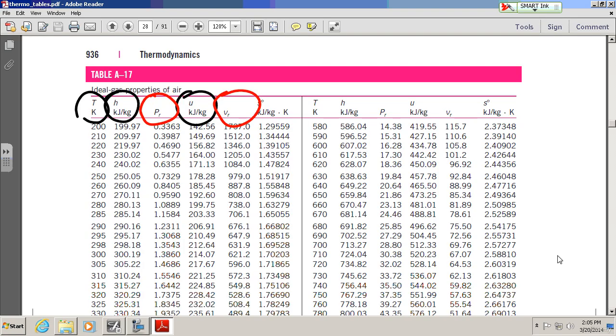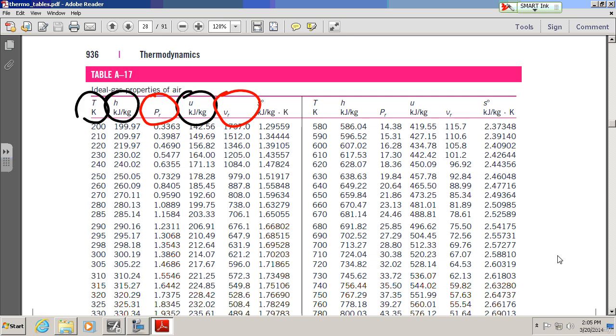And I said, and this is something to remember, when you have air or any other gas, and you need to get the pressure or the specific volume, you really only have one thing, and that's the ideal gas equation. In fact, I almost want you to do it as a reflex.